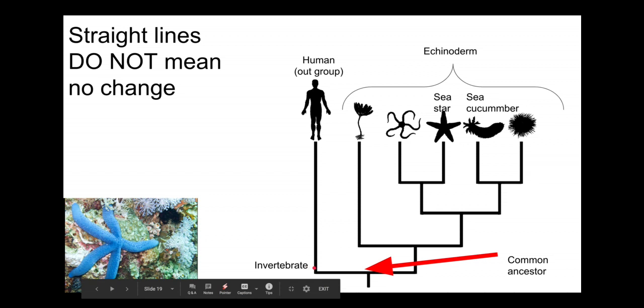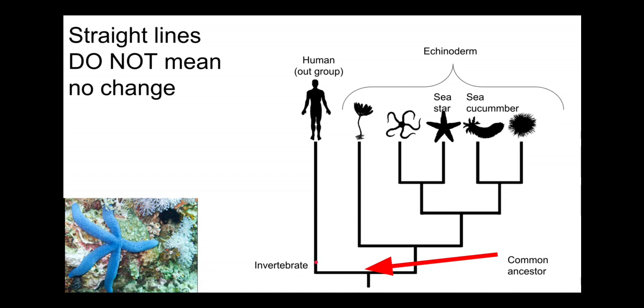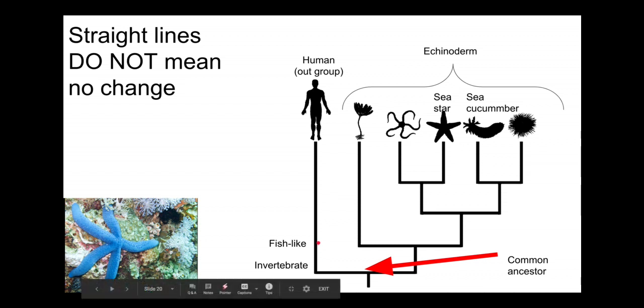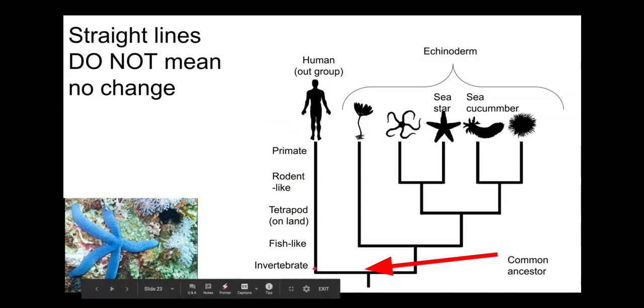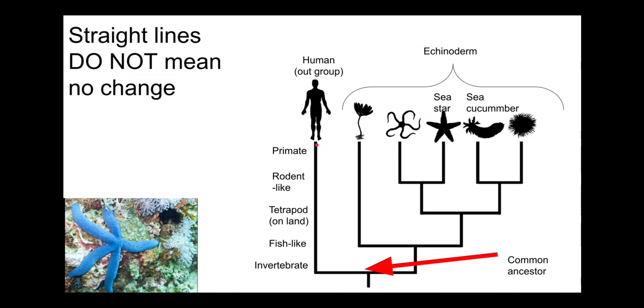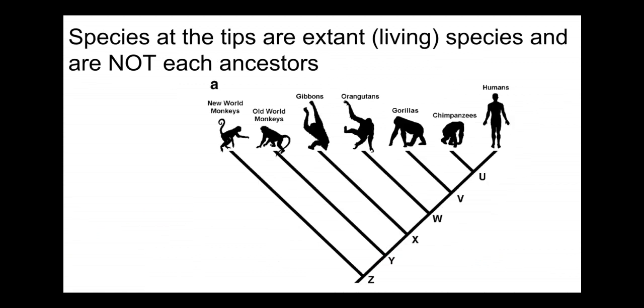So along this branch down here, there were invertebrates at this time point, and then they evolved into something fish-like, and then tetrapods on land became something rodent-like, and then primate, and then finally ape-like and human. All of that change is implied as occurring sometime along this branch. So long straight lines do not indicate that nothing was happening.